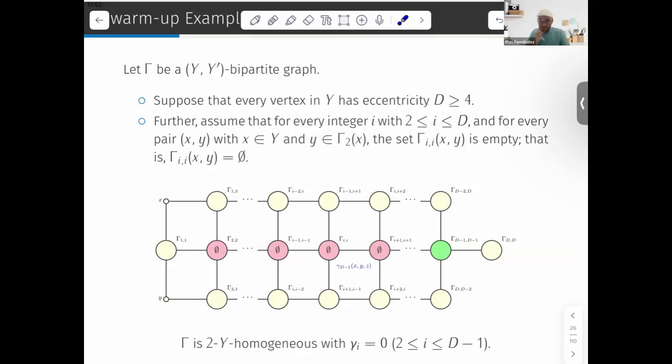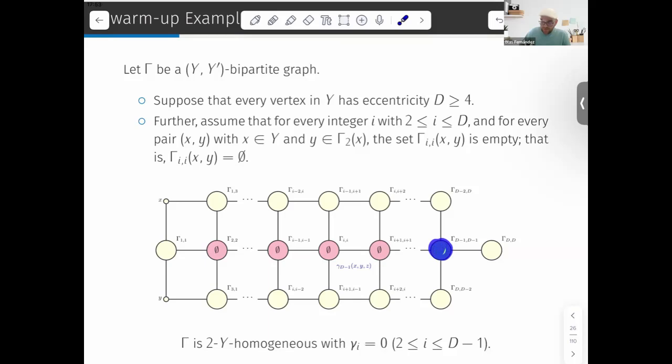So one possible scenario could be that for every possible choice of vertices x and y, all these bubbles that we have here are all empty. And if this is the case, by our definition, then we will have that all the scalars gamma I are 0.